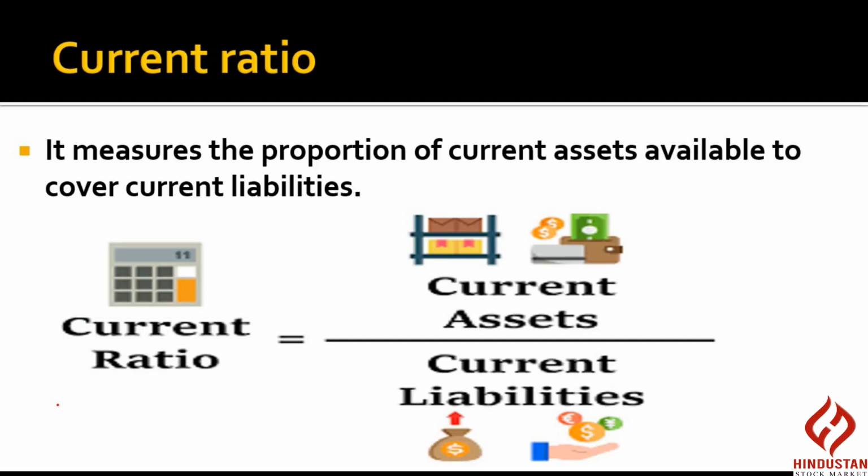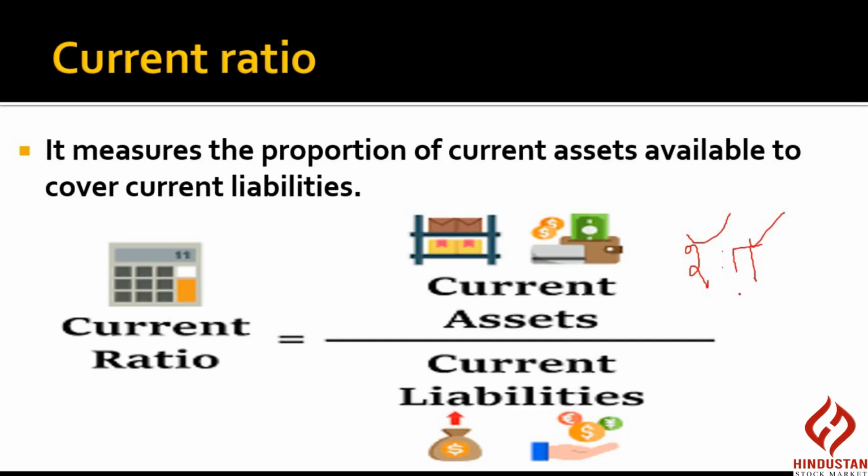So that is the ability of a company to meet its short-term obligations with its current assets, right? This is the formula which we use to calculate current ratio: current assets divided by current liabilities. And the ideal current ratio is 2 is to 1. Here, 2 represents your current assets and 1 represents your current liabilities.